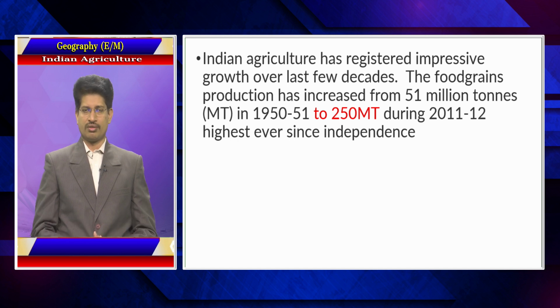But now after 2020, it has even increased to 280 million tons of food grains produced. In 1950-51 it was just 51 million tons. In 2011 it crossed 250 million tons. Now it has reached even 260 to 280 million tons in 2020-21.